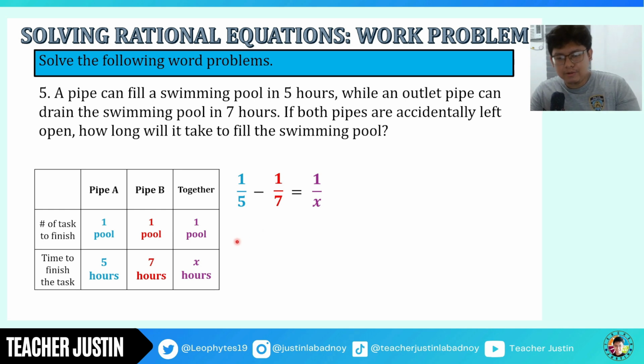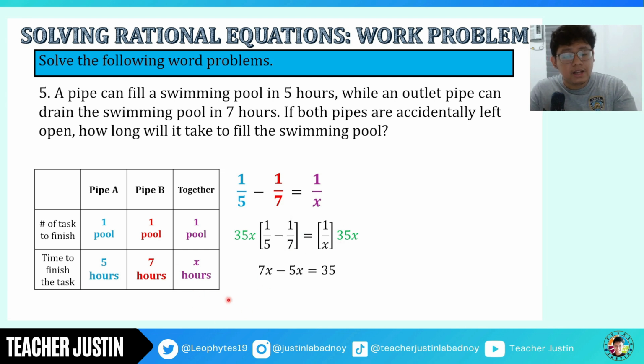So, how do we solve this? First, we multiply both sides by the least common denominator. So, we multiply 5, 7, and x, which will give us 35x. And we distribute 35x to each term. So this will give us 7x minus 5x is equal to 35.